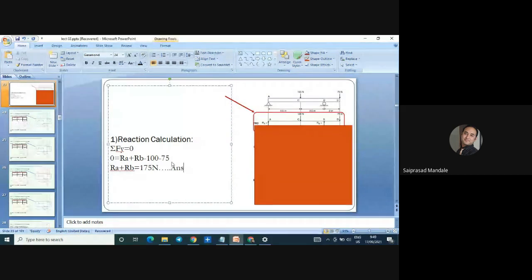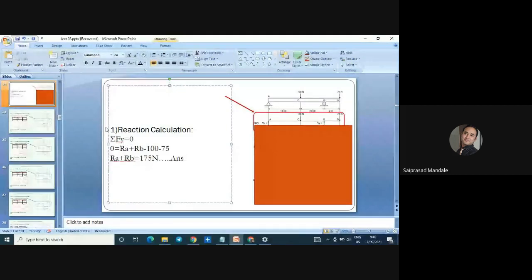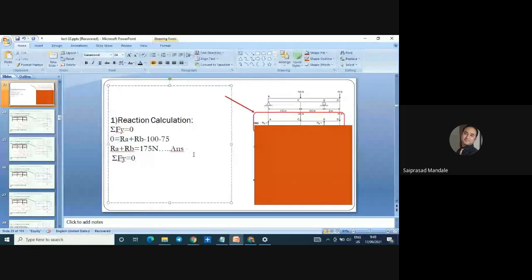Then I'm going to add summation of moment about A equals 0. Can anybody give me the equation for this?